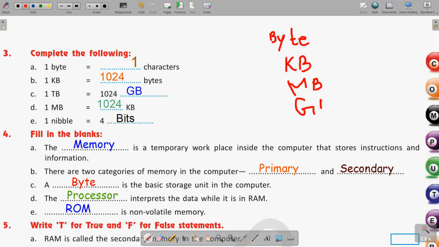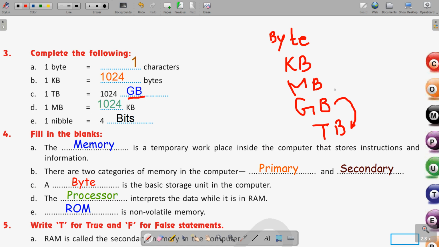Clear? After GB we have terabyte, that is TB. So 1 terabyte is what? 1 terabyte is 1024 of the previous one, that is gigabyte. So it is 1024 gigabytes.